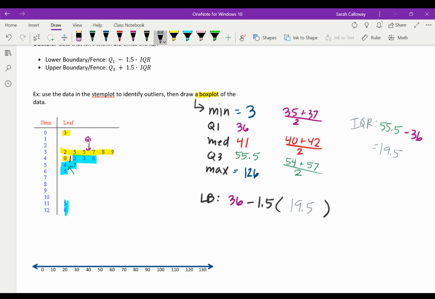And so 1.5 times that subtracted from 36 gives me a lower boundary of 6.75.